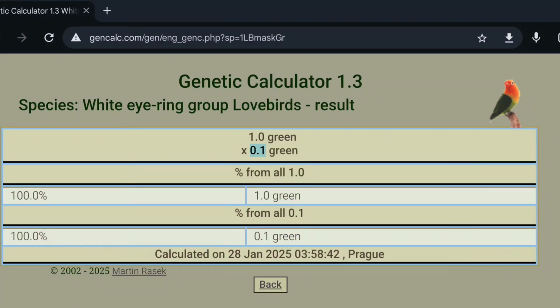This is what I meant when I said that if you don't put the correct details, or if you forget to fill up the details for any one parent, then the genetic calculator is going to assume that you are talking about the green bird. So in this case, when you are breeding a green fisher with a green fisher, you are going to get 100% green fisher babies. You are not going to get any other baby.